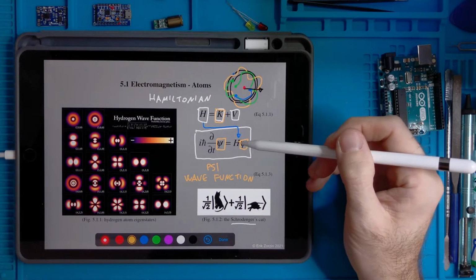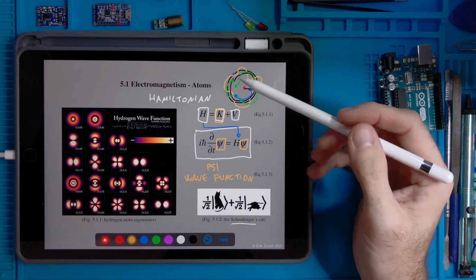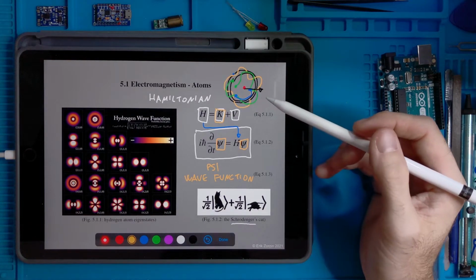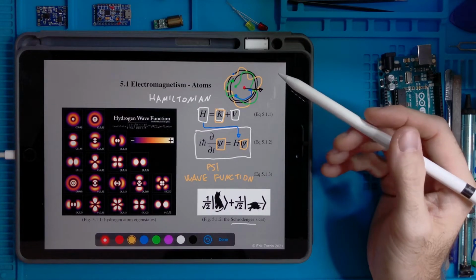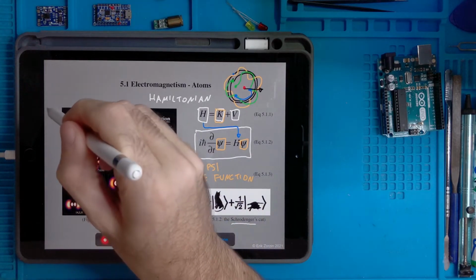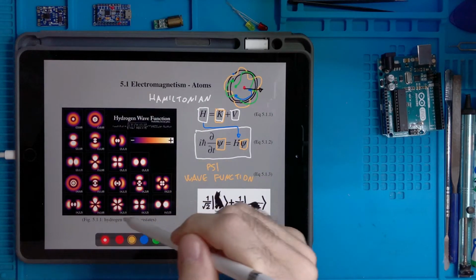So if you consider the psi functions, they are three-dimensional, in this case of the study of the hydrogen atom. And if you plot the magnitude of those functions, they are like this. They define this kind of graphs that you see here in this chart.